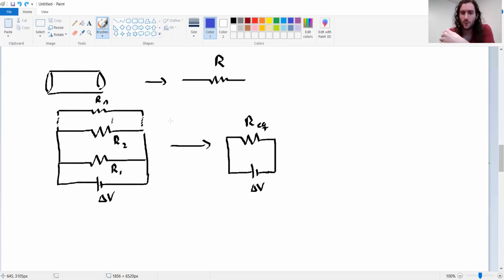Only in the case where they're identical does thinking about the areas work. So don't do that in general. That's a terrible idea. That's why I'm doing this right now, to show the general formula.